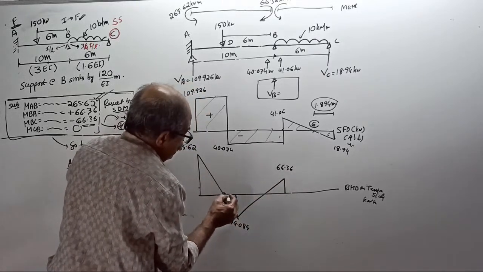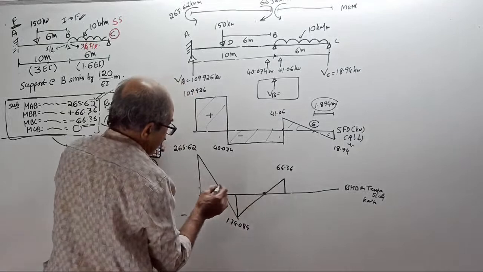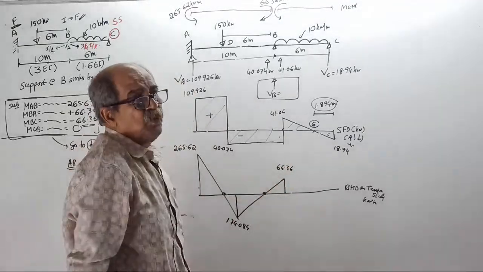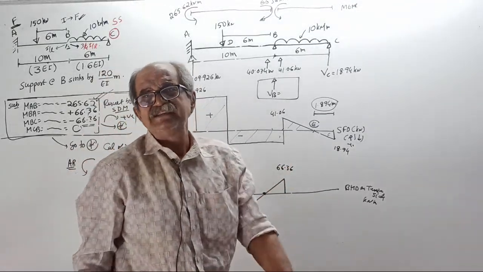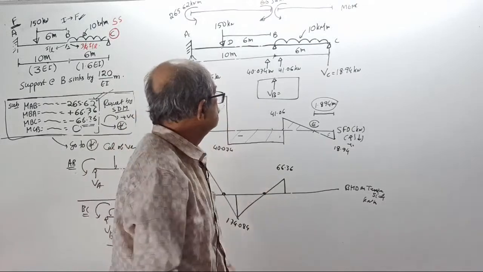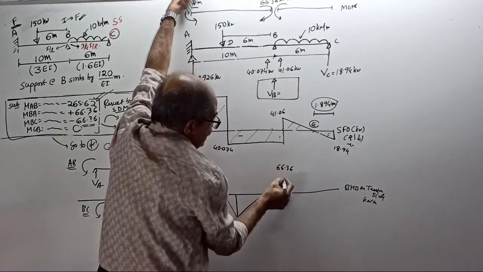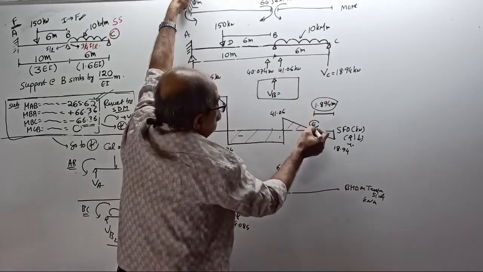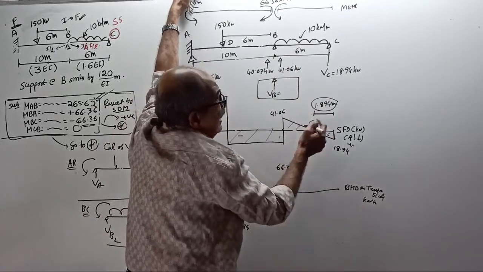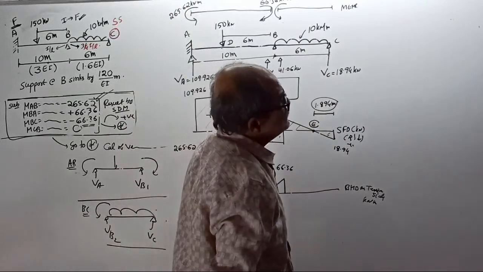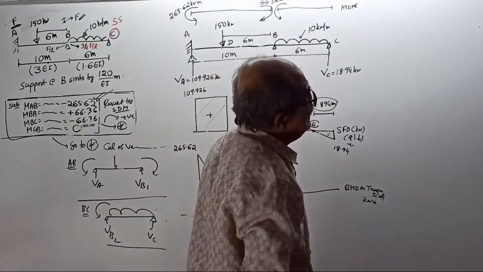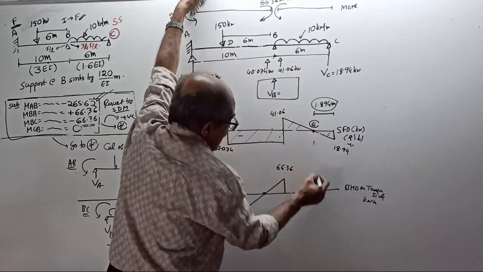Two counterflexure points will come. Those who want can locate. No plus minus. Once you write BMD on tension side, sign is not to be used. Now here BM minus 66.36. Here BM 0. You also require BM here. I calculated that one. Plus 17.93618. Plus means sagging.